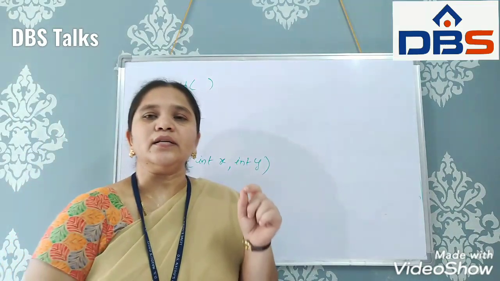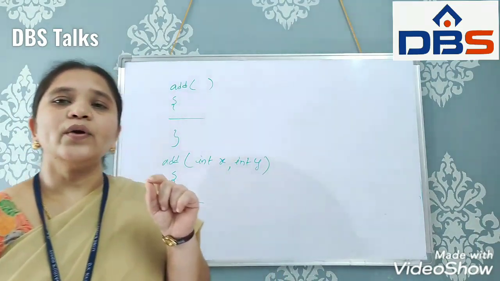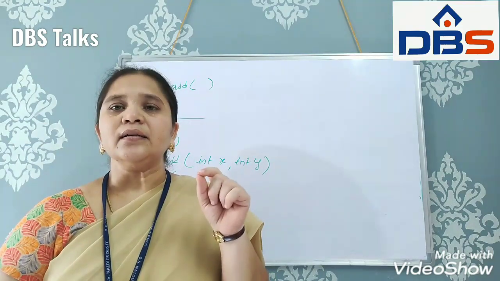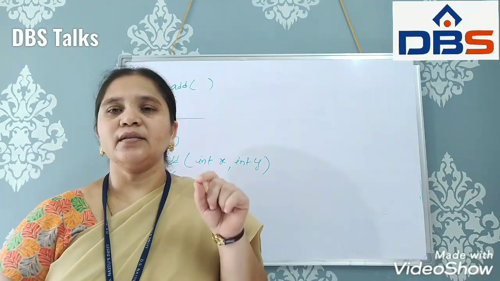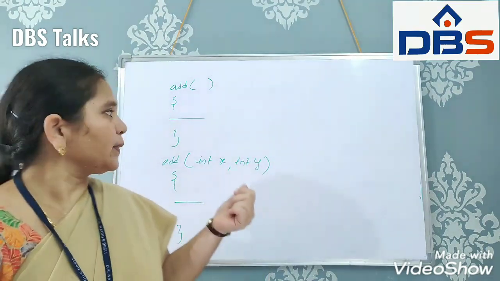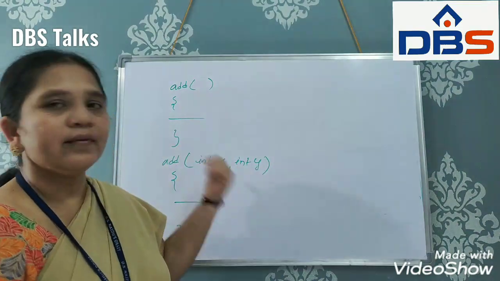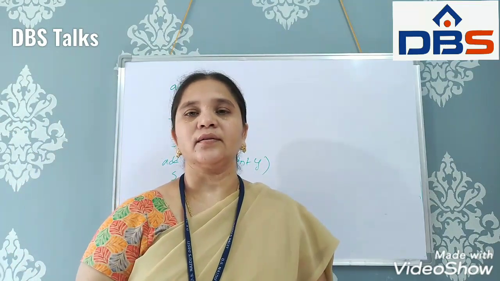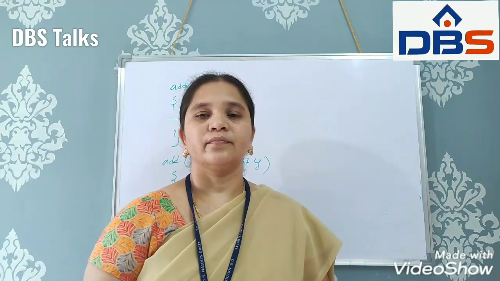So finally, what is overloading? We can implement the same thing with the same name and different signatures. That is called overloading, and Java allows this. Hope you all understood this. Thank you.